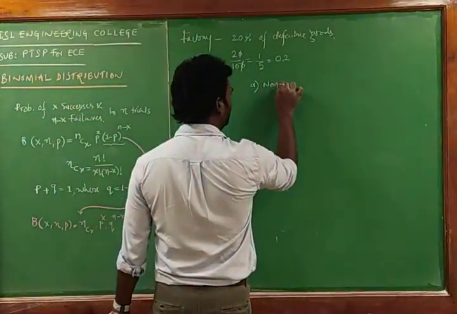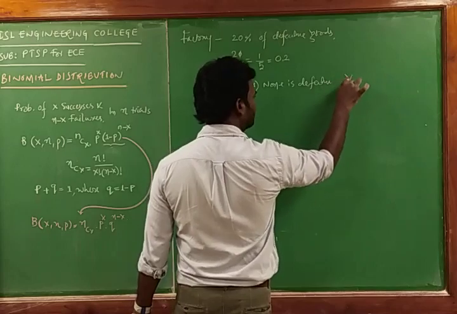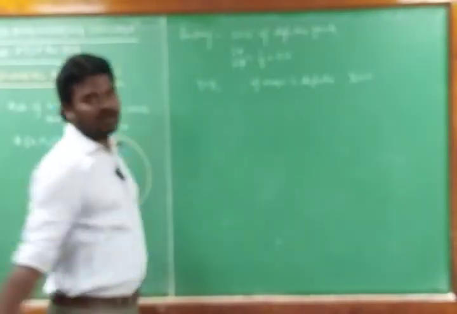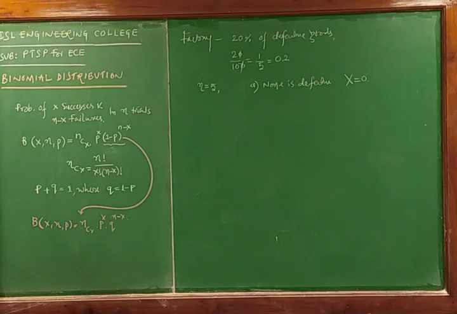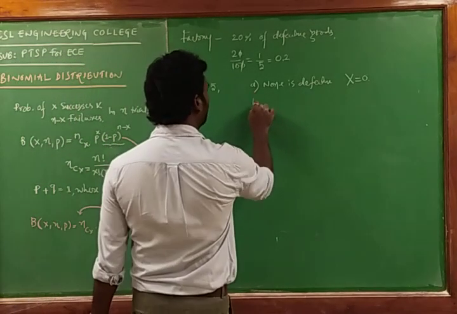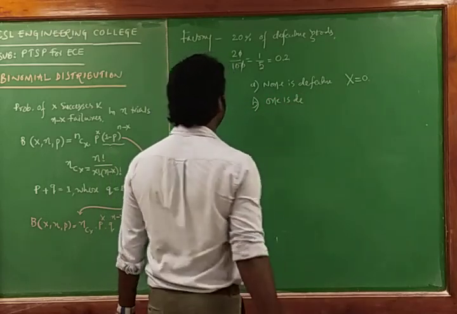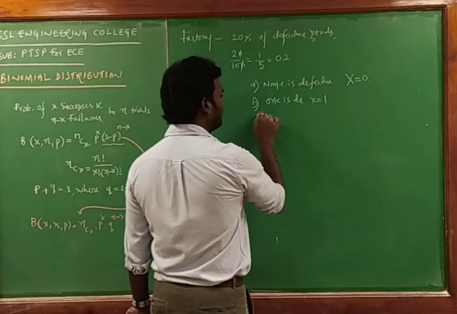None is defective means x is equal to 0, out of 5 chosen. Second question, 1 is defective. 1 is defective means out of 5 times 1 is defective, so x is equal to 1.